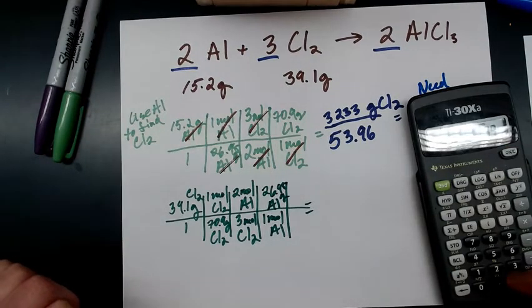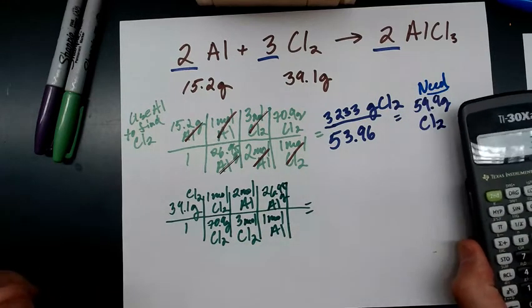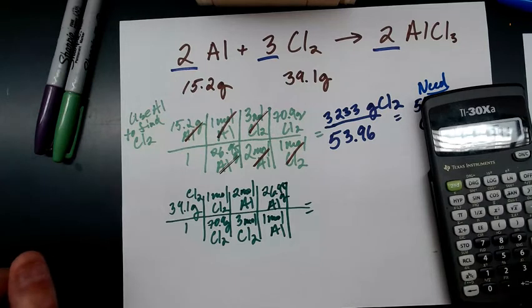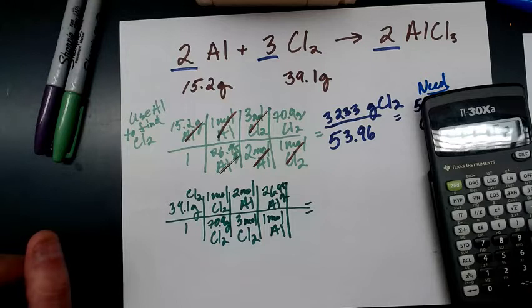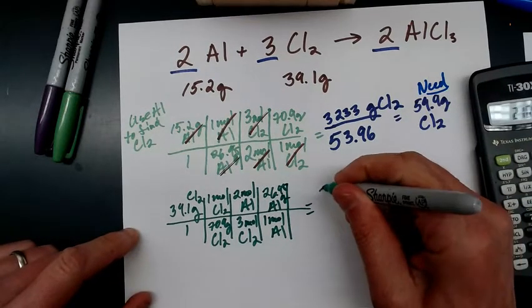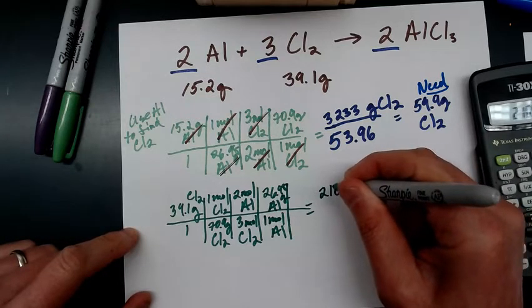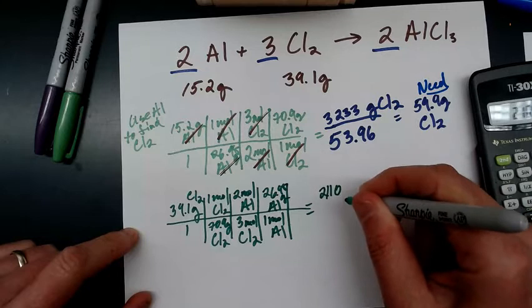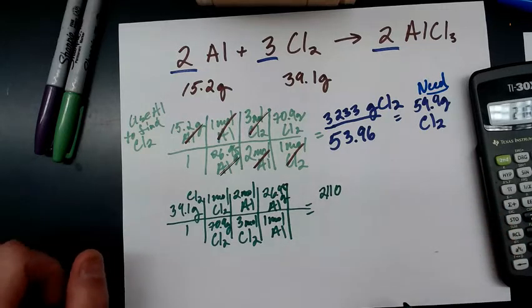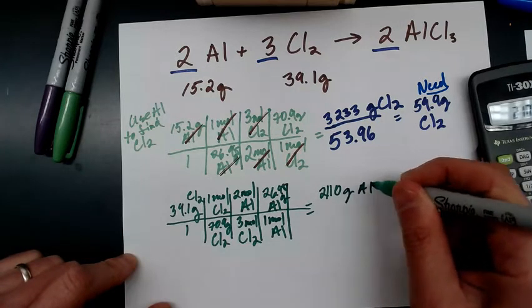All right, let's do the math on this one. So I've got my 39.1. Again, I already know my chlorine's my limiting reagent because of what I got as a need in that first calculation, but let's just make sure. So 39.1 times 1 times 2 times 26.98, and it's telling me it's going to be 2109, so I guess I could go 2,110. And that's going to be grams of Al.